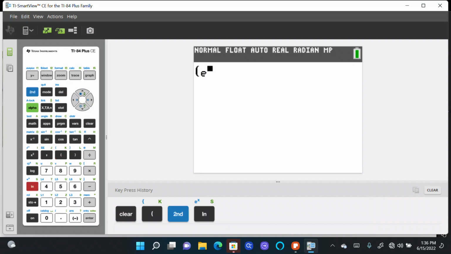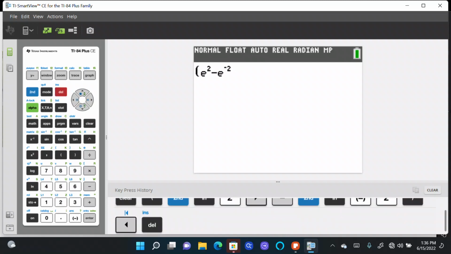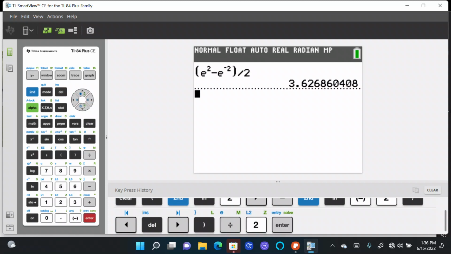Second ln to get e to the 2. Was that a minus or a plus? Minus e to the negative 2. Close parentheses. And divide by 2. And that's 3.62.